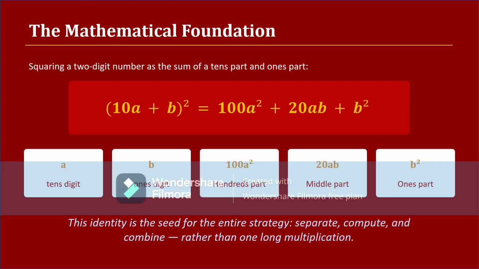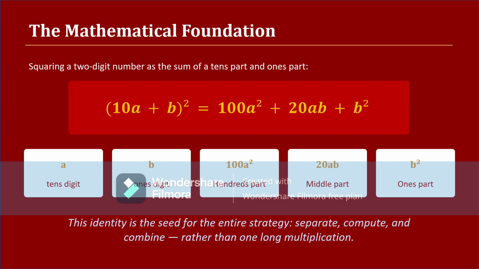For the body, we have the mathematical foundation. Squaring a two-digit number is the square of the tens part plus the ones part, for example, (10a + b) squared. In applying this, we commonly use the FOIL method, which is basically taught at the high school level.